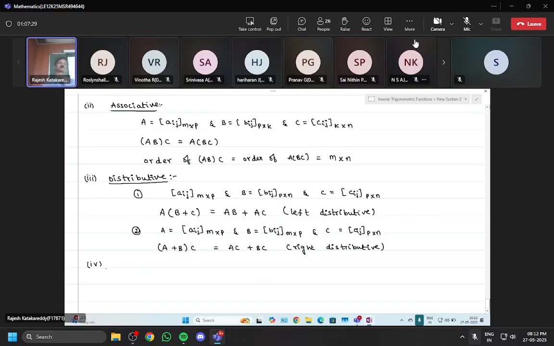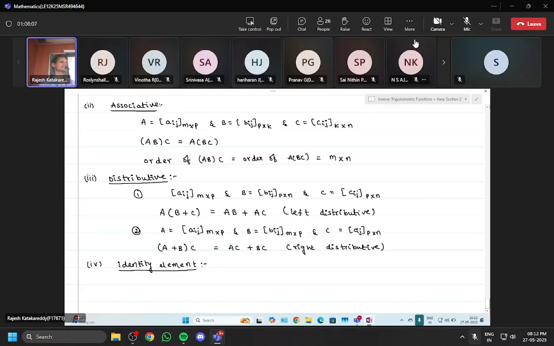So for matrix multiplication, what is the identity element? Identity matrix, right? Then inverse of all matrices does not exist. Inverse exists only if it is non-singular. About inverse we will see later, I think in the next chapter. Identity element is not defined for every matrix. Identity element is defined for a square matrix.